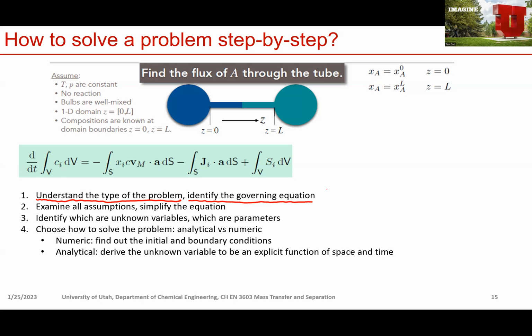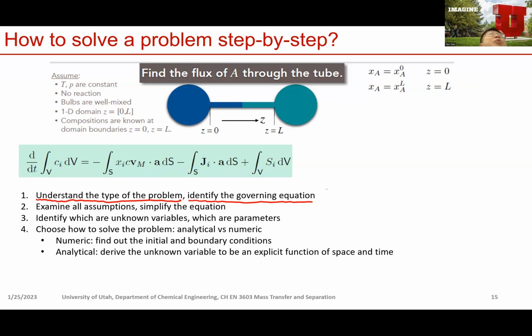But take a step back to the whole chemical engineering curriculum: you will encounter different types of problems, not only mass transfer and balance. There could also be heat transfer, energy conservation, and fluid dynamics. That's step number one. You need to get a sense of what this problem is asking us to do.